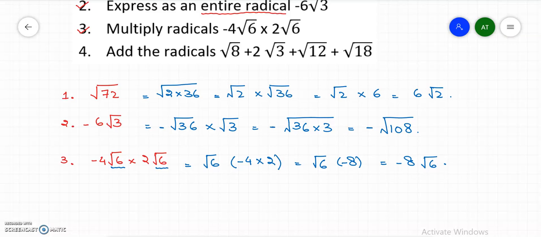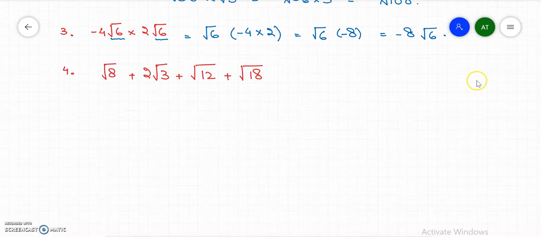Okay, moving to the fourth question, it says add the radicals. Now let's see how we add the radicals. We have square root of 8 plus 2 times square root of 3 plus square root of 12 plus square root of 18. Let me simplify it further.